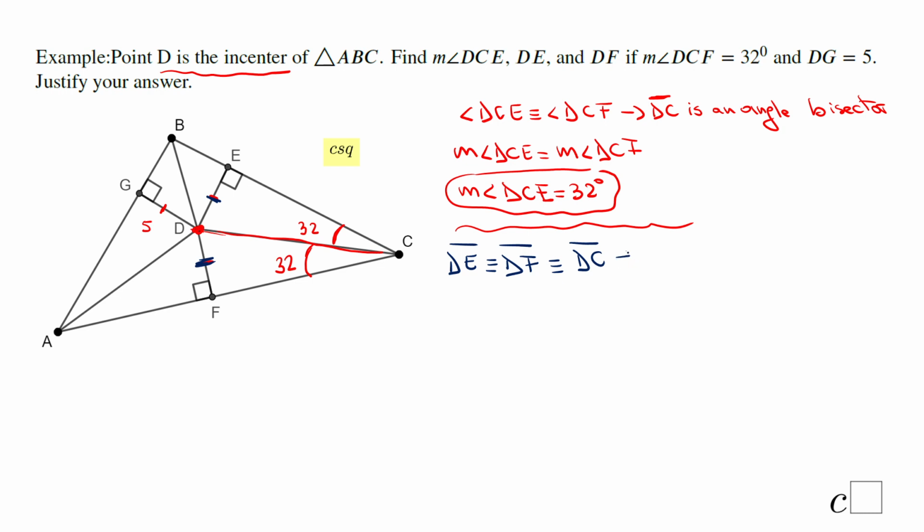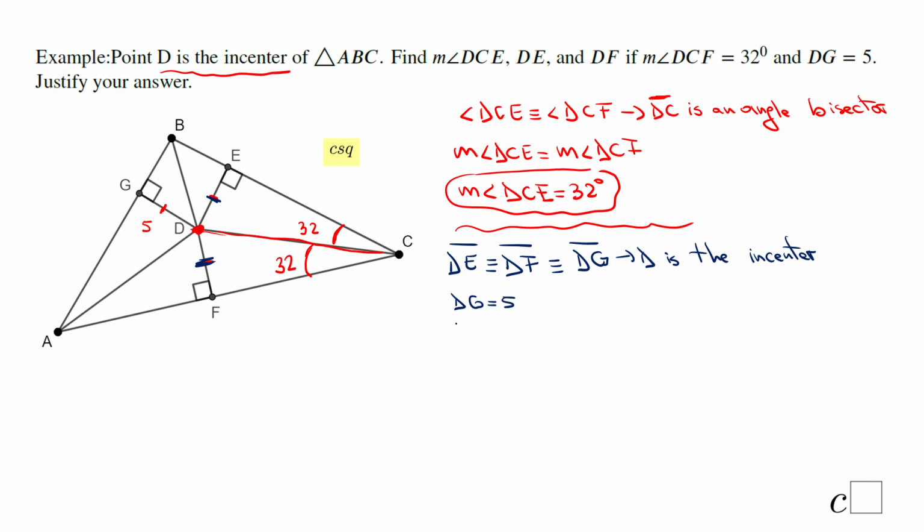Because D is the incenter. Incenter is equidistant from the sides of the triangle. Now, if we take a look in the problem, we know DG is 5.